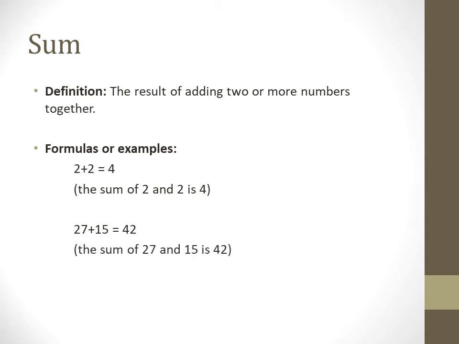The sum of 27 and 15 is 42. 245 plus 366 equals 611. Again, the sum of 245 and 366 is 611. So if I ask you what the sum is, basically I'm asking you what is the answer.